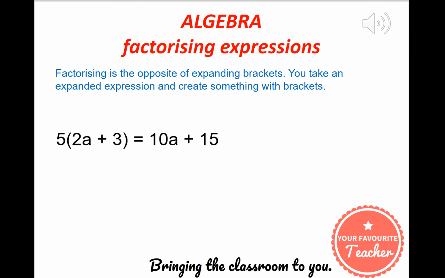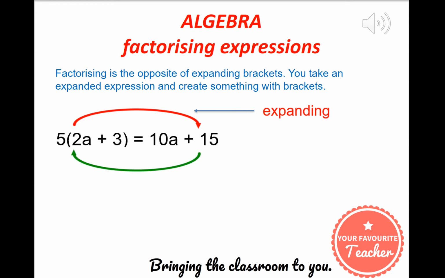So we know that if we expanded 5 bracket 2a plus 3, we will get 10a plus 15. So this is called expanding. Factorizing is going in the opposite direction.